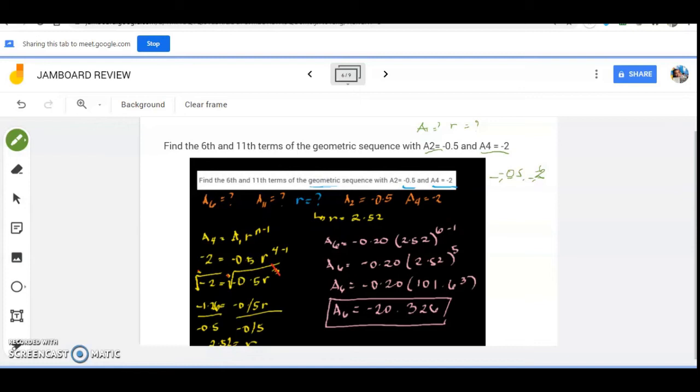So, our last term here is a sub 4. That's the last term I used. The first term is the second term. And then, calculate for the exponent over here. Since that is 4, so our 4 goes here. The value of our last term is negative 2. Just substitute. And then, extracting the cube root of these two numbers.